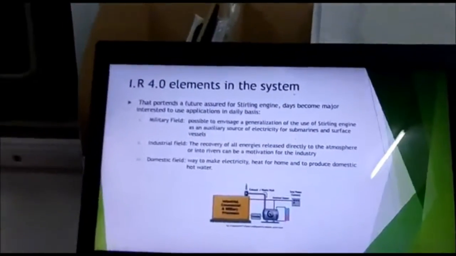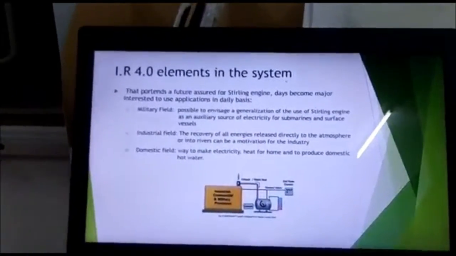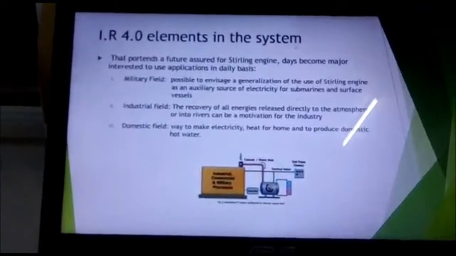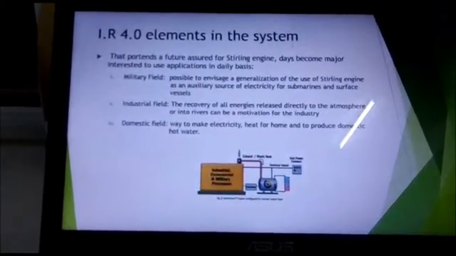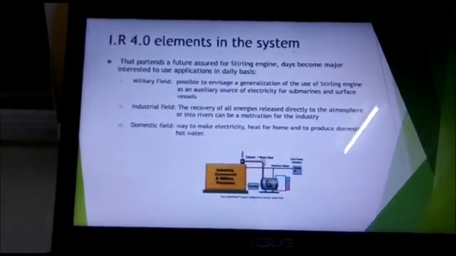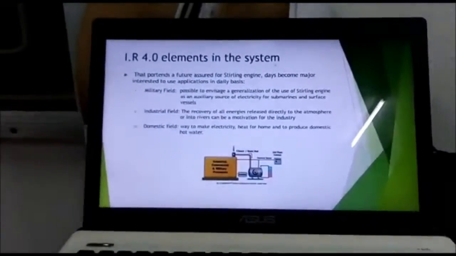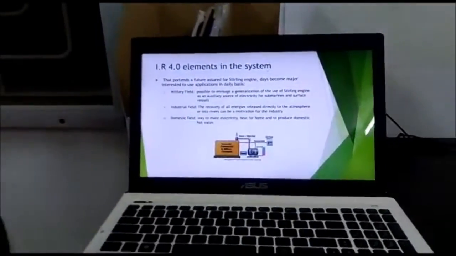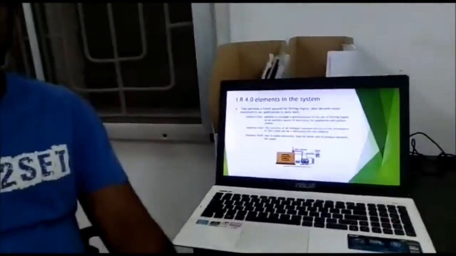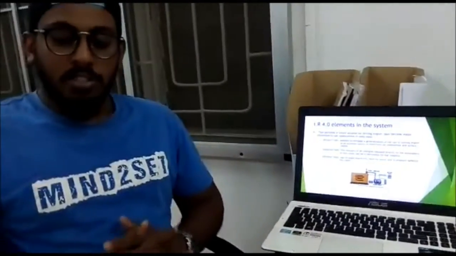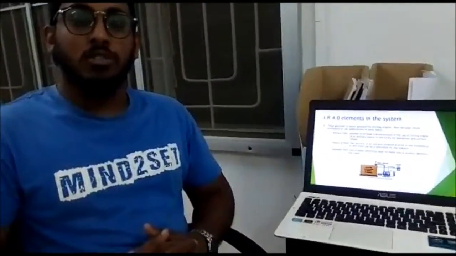From here, the potential and a future are assured for the Stirling engine, and it becomes of major interest for daily applications, such as in the military field, to envisage a generalization of usage of the Stirling engine as an auxiliary storage and source of electricity.